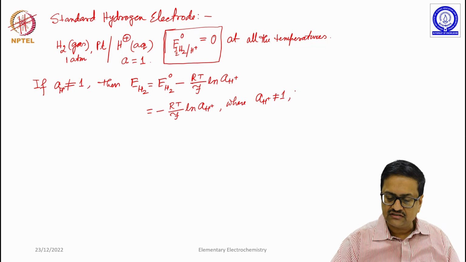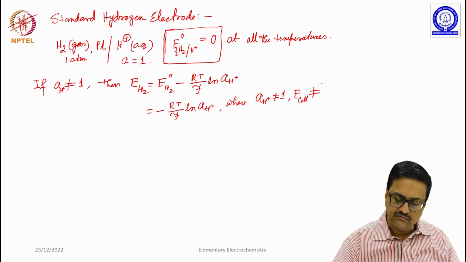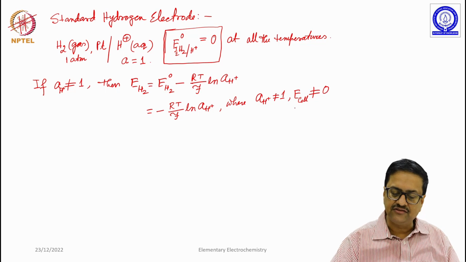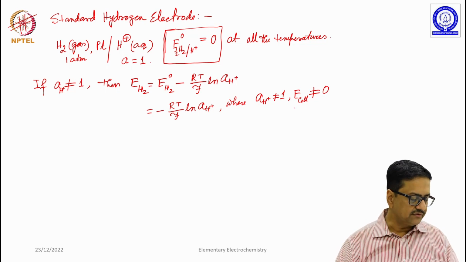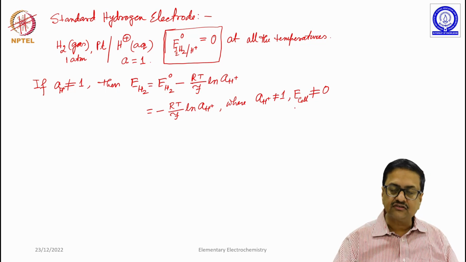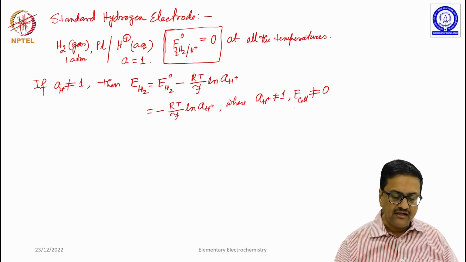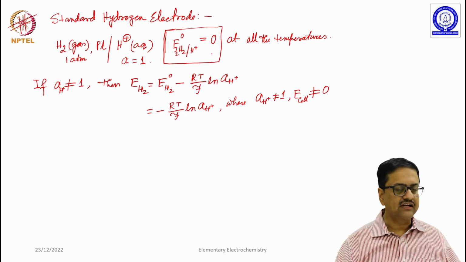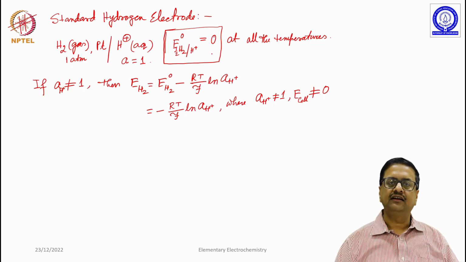In that condition, EH2 is not equal to 0. So, to determine the electrode potential of any other electrode, one has to first couple it with the standard hydrogen electrode and then determine the potential of that cell.